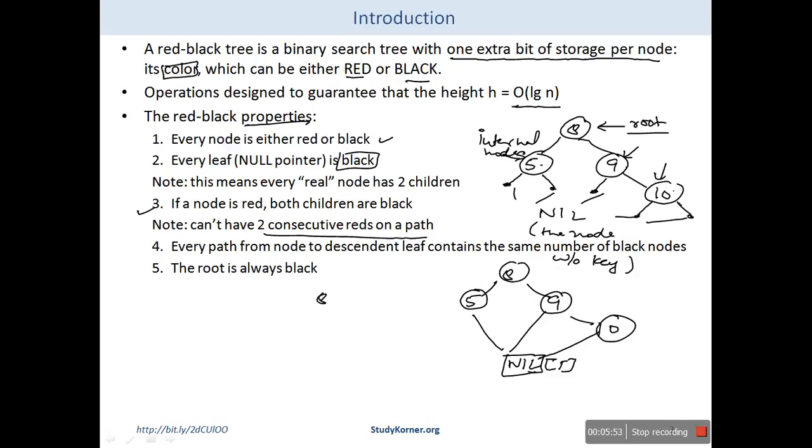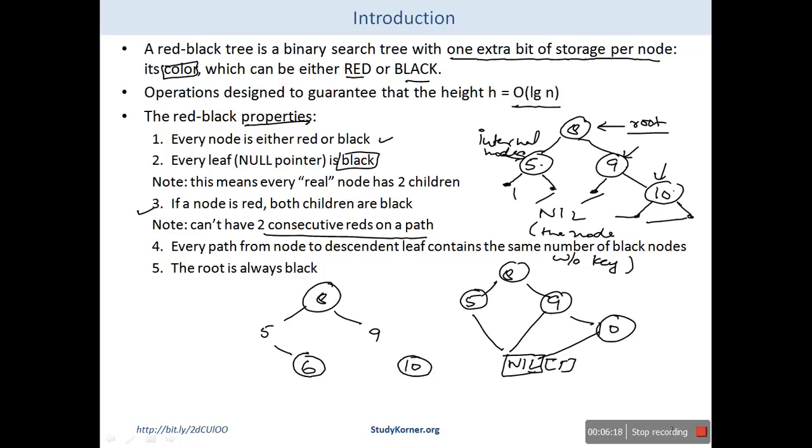Suppose the same information: suppose it is 5, and here it is 9 and 10, and suppose here it is 6. Okay. Now suppose this is your black node and this is your black node.